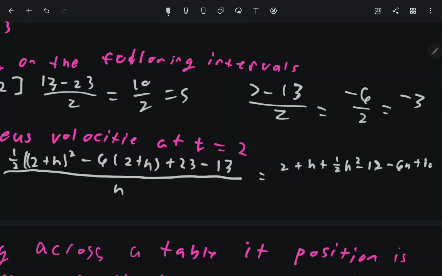Alright, so this 12 and this 2, that becomes a negative 10, so that's going to cancel that 10. And all of this is over h.